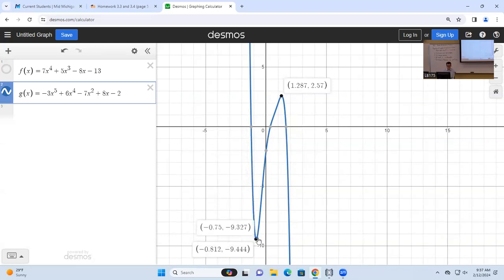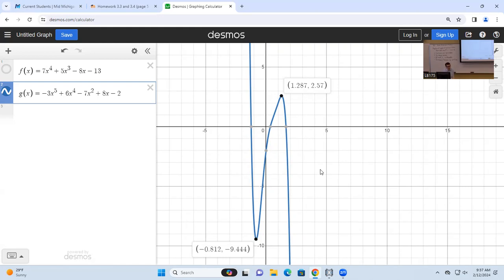Once I hit that point, my function starts increasing. I start increasing until I hit this point, and then my function starts decreasing. So that's called a turning point, where your function goes from increasing to decreasing, or decreasing to increasing.